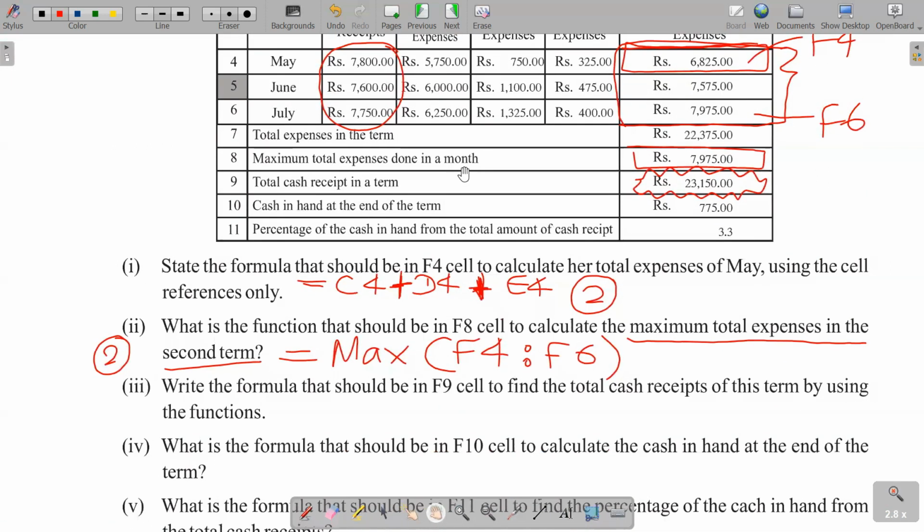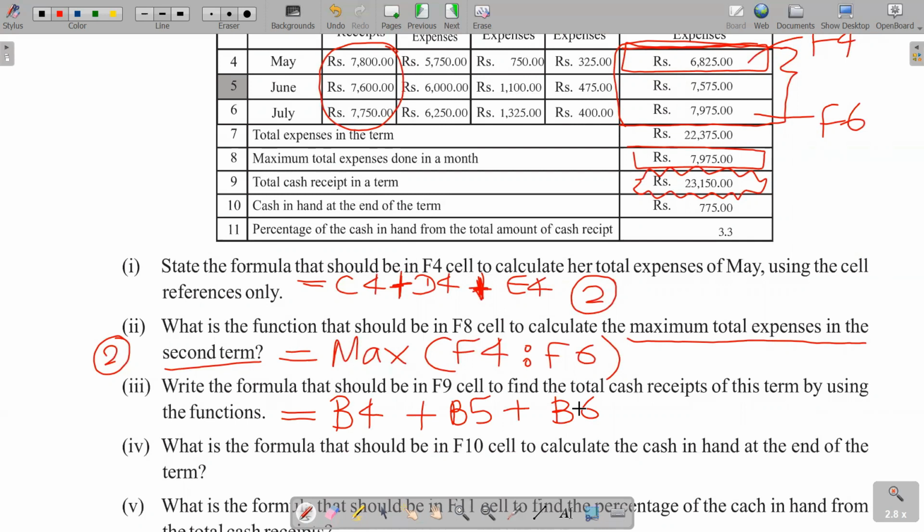They are asking for a formula, so it's better you go with equals B4 plus B5 plus B6, which is going to give you total cash receipts.